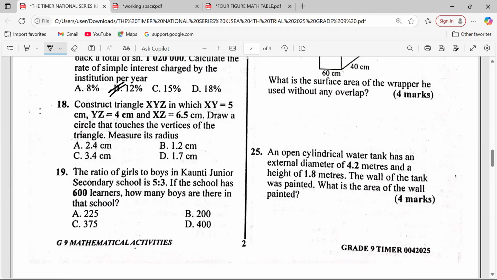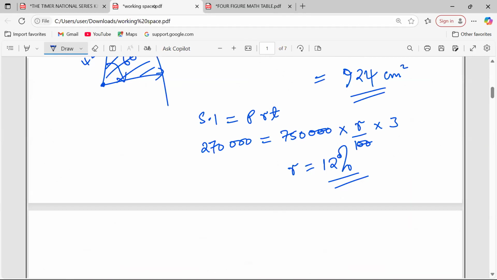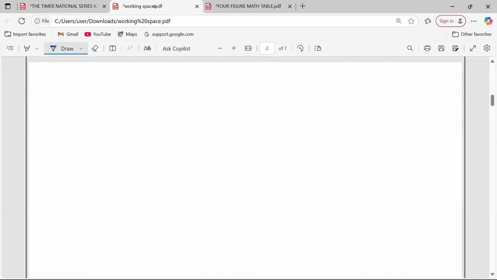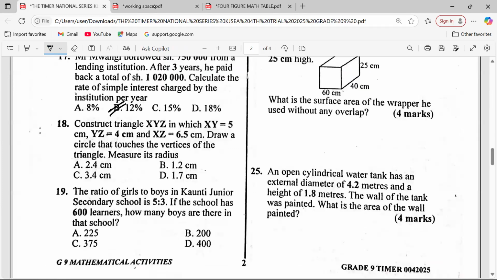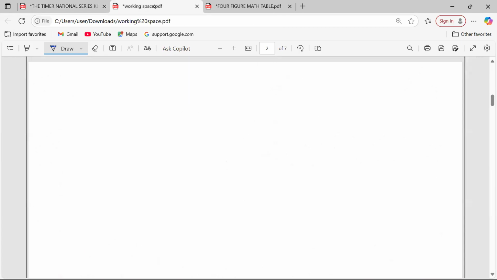So now let's do the construction first, but because of convenience on my screen, I'm just going to demonstrate what you exactly need. So we first need XY 5 centimeters, then YZ 4. So XY 5 centimeters, let me draw that.